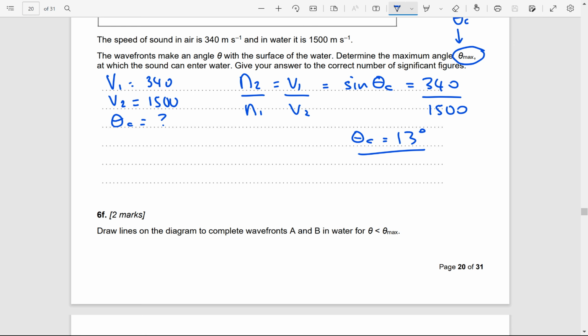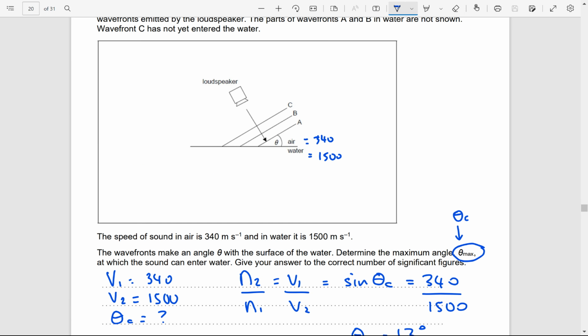For 6F, it's saying, well, if it doesn't totally internally reflect and it does refract, how is it going to refract? So there's two elements to this. The first one is that we're going from less dense to more dense. So each wave is going to refract, it's going to bend towards the normal.